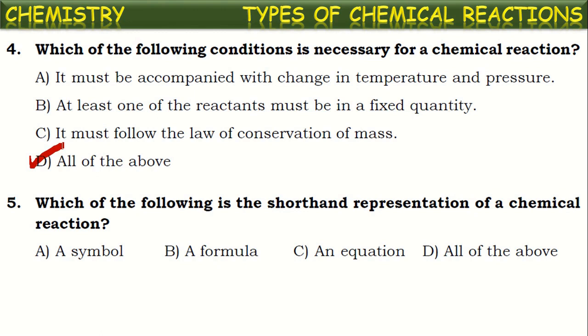The symbolic representation of a chemical reaction by using symbols and formulae of the chemical substances involved in that reaction is called a chemical equation. It is a shorthand representation of a chemical reaction.